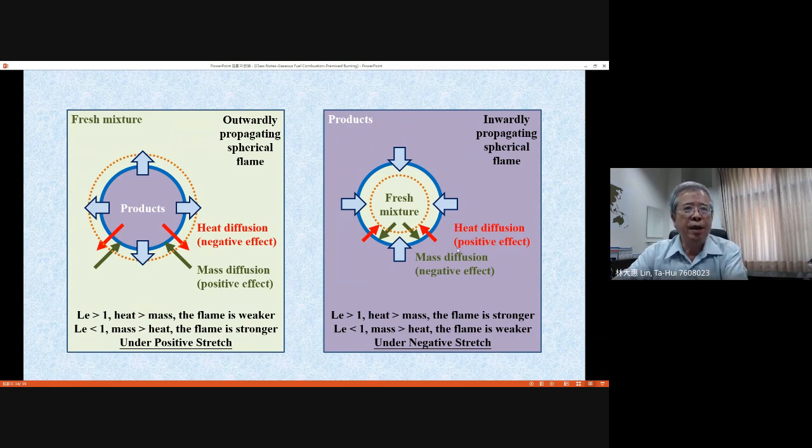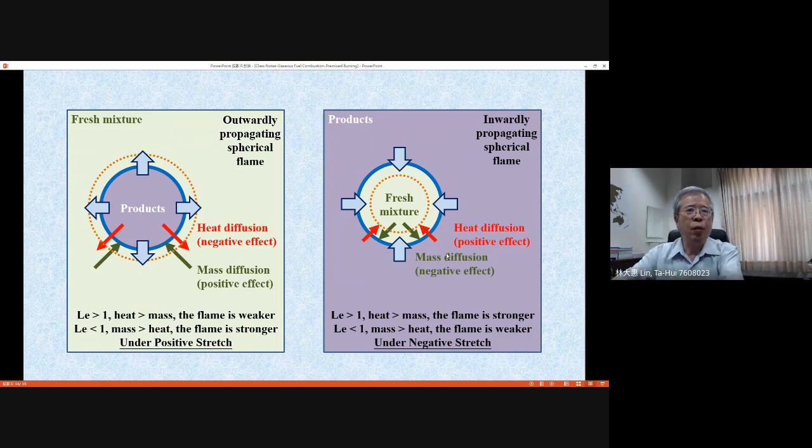When you have a flame under compression, it will give you a different feature for heat diffusion. In this case, the thermal diffusion from the surrounding will diffuse into the center region of the premixture, which means the initial flame surface is large, but you diffuse to a small surface of your preheating zone, so the heat is more concentrated in a small region.